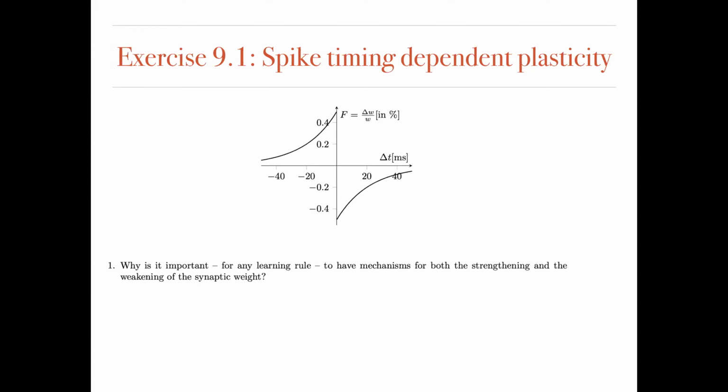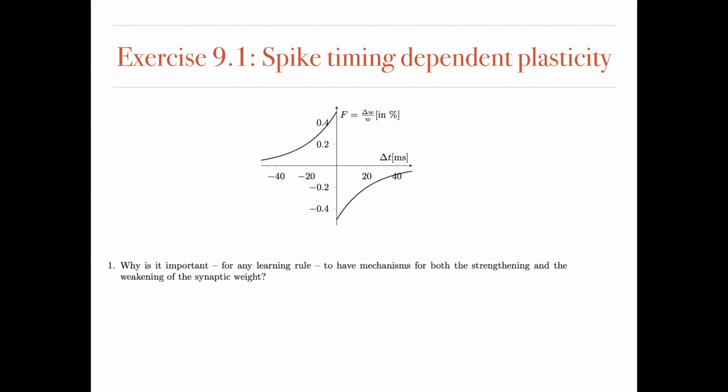On the y-axis, you have delta W over W in percentage, which is the amplitude of excitatory postsynaptic current. So how much a single synapse contributes to the postsynaptic neuron. You can see this as kind of the strength of the synapse.